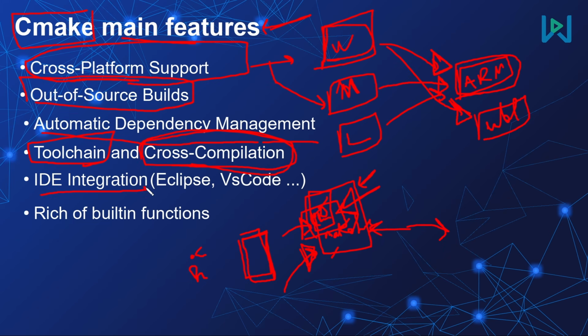CMake allows as well the generation of template IDE projects. So it generates some IDE configurations, and those configurations can be integrated easily with either Eclipse or VS Code. This means that we can instruct CMake during the backend generation to create predefined configurations that can be imported, for example, by Eclipse.